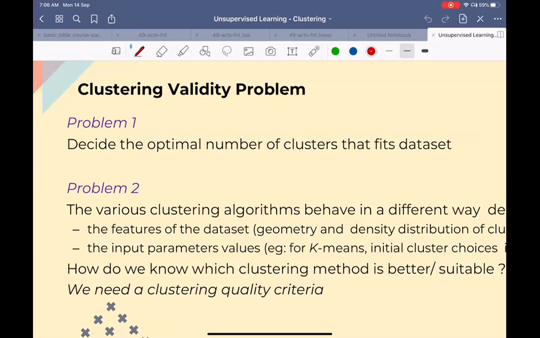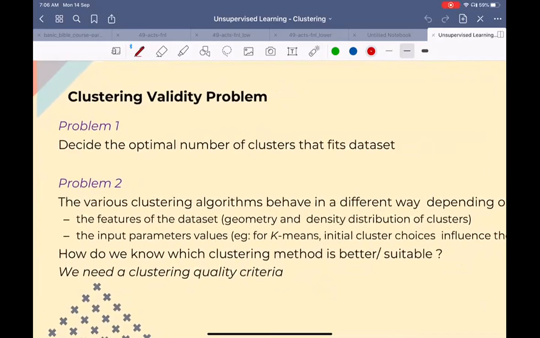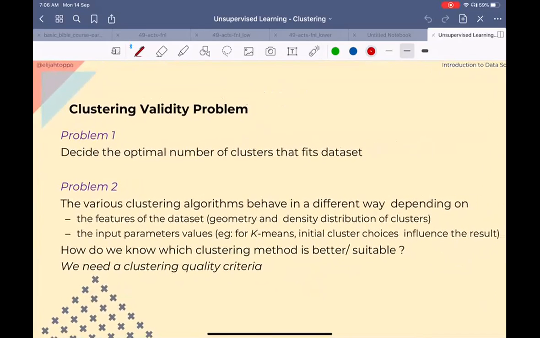And the second problem is that there are various clustering algorithms and they behave in different ways depending upon two major factors. One is the features of the dataset, that is the geometry and density distribution of clusters. And second, the input parameter values.